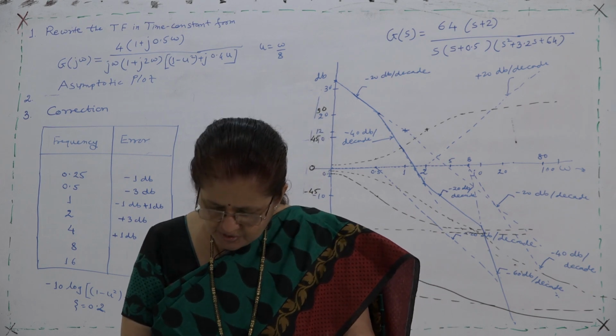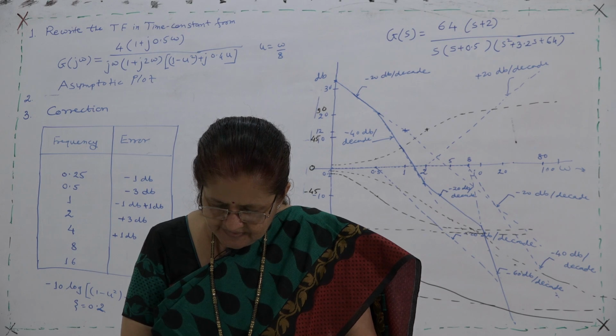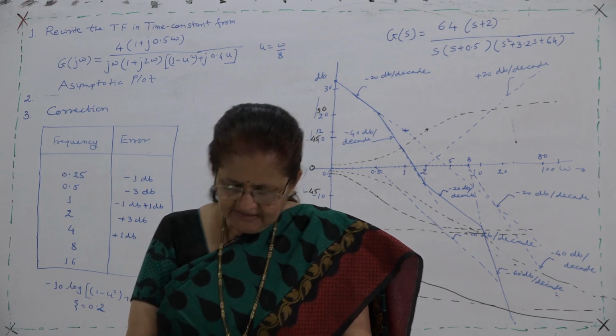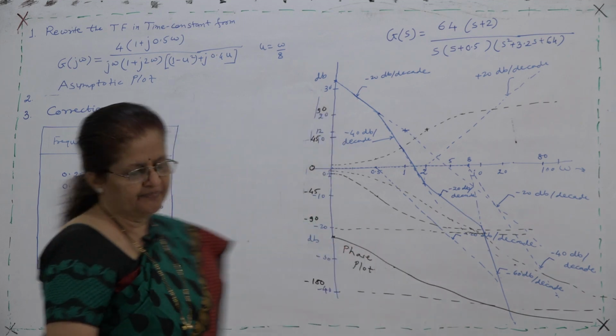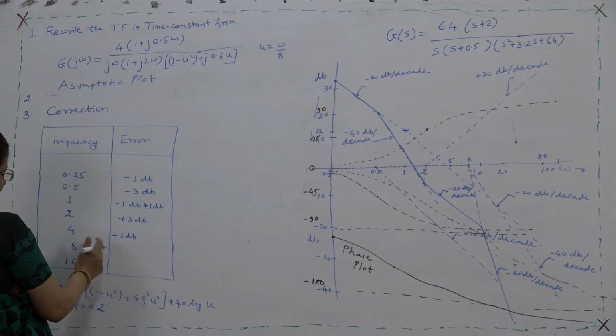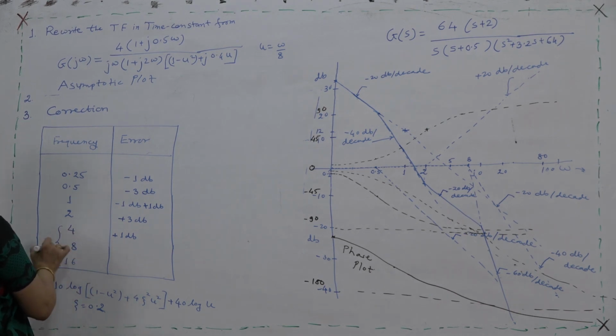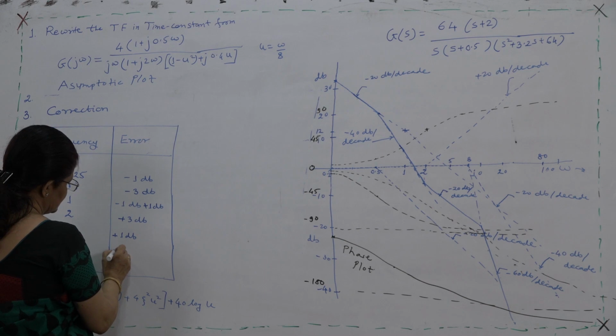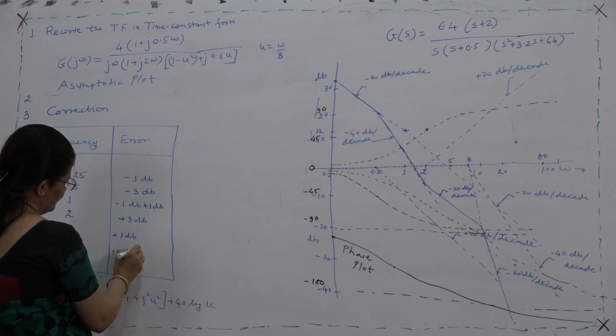So, for 0.2, as per the graph which we have seen already, it is plus 10 dB. Here for zeta is equal to 0.2, this is important. This we are considering with zeta is equal to 0.2. So, for 0.2 zeta, this is plus 10 dB.